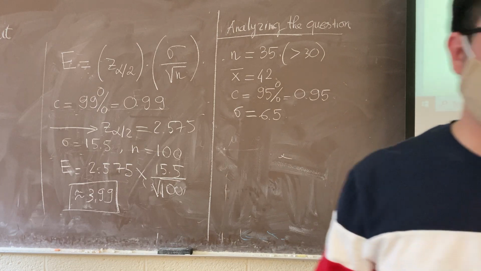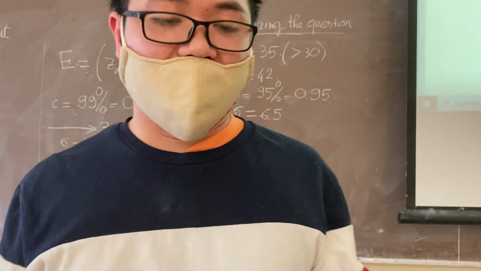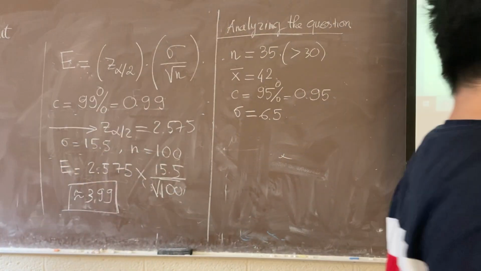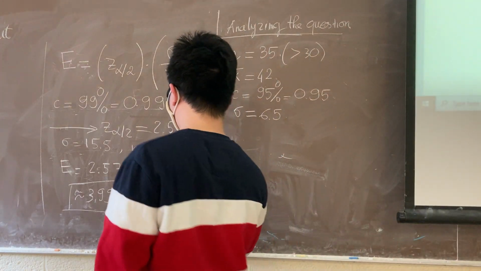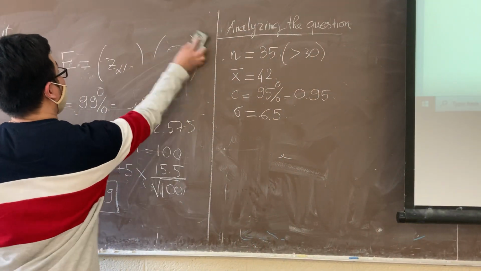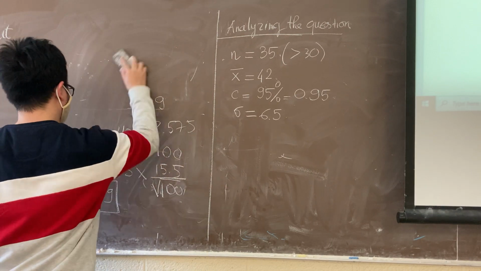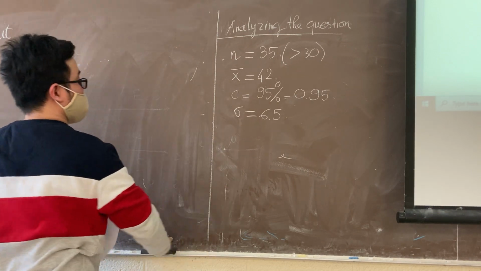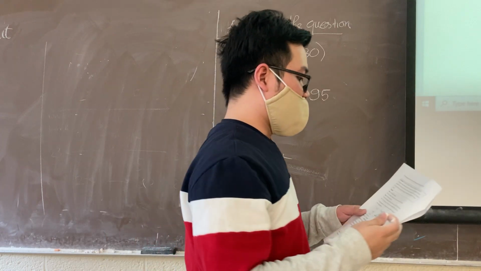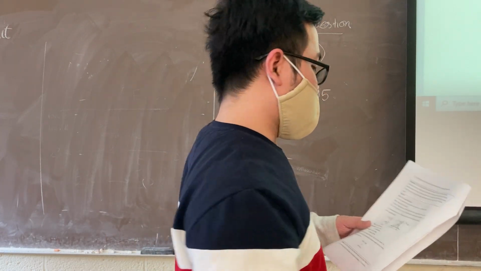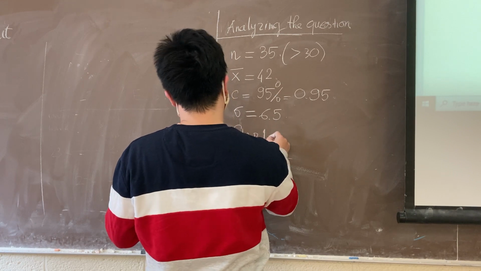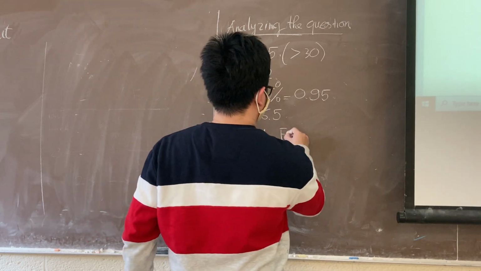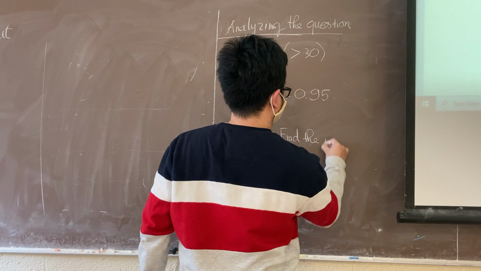So how do we find the estimate for the population mean? We have these steps. To estimate, you need to do the steps like this. The first step is to find the point estimate.